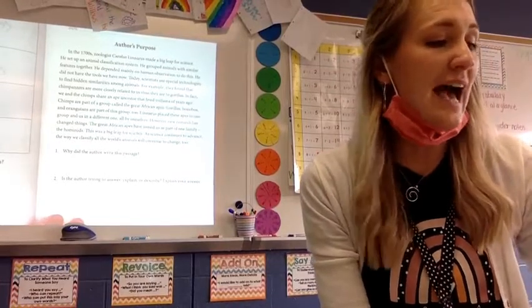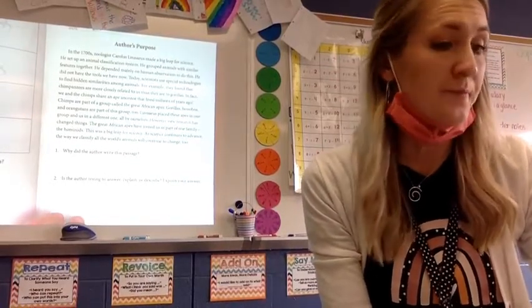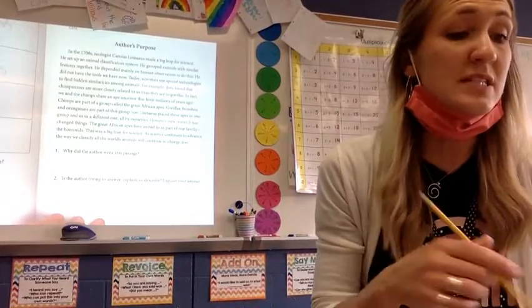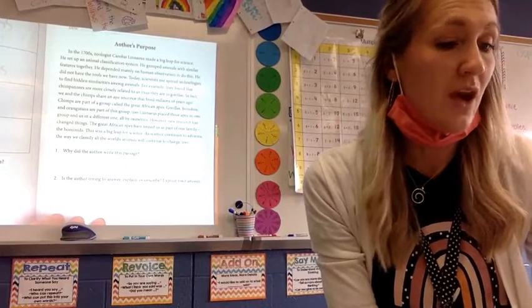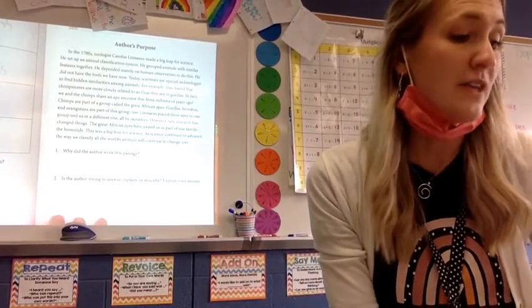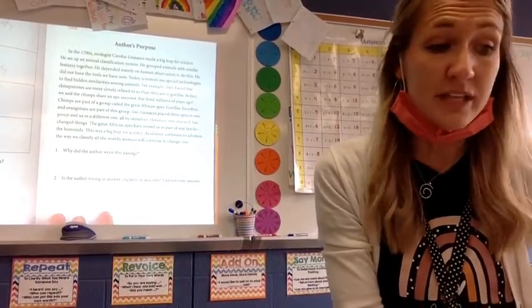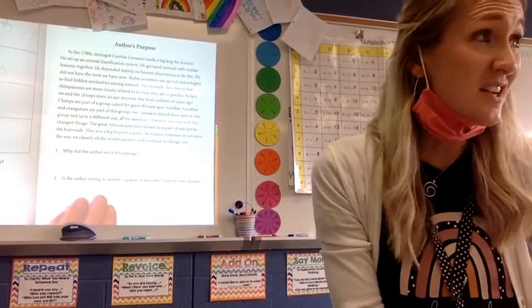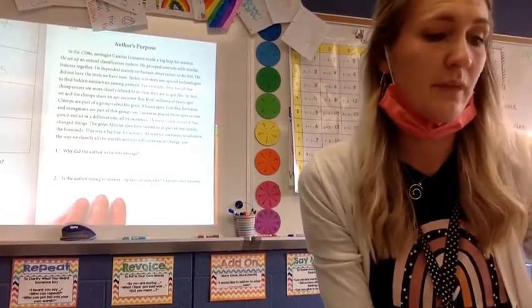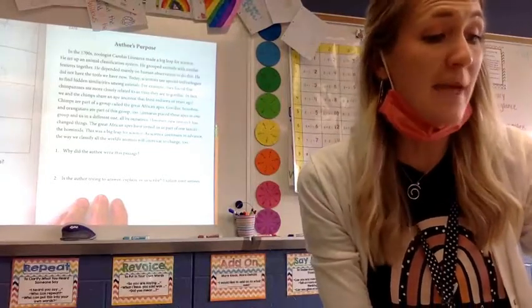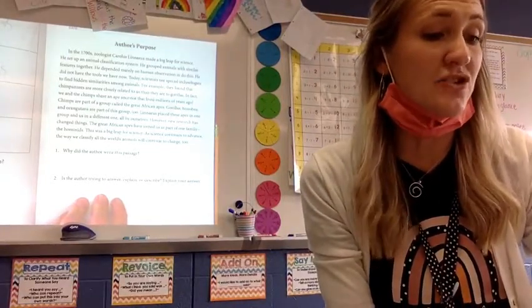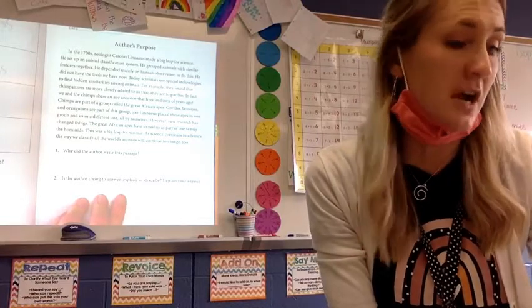He did not have the tools we have now. Today, scientists use special technologies to find hidden similarities among animals. For example, they found that chimpanzees are more closely related to us than they are to gorillas. In fact, we and the chimps share an ape ancestor that lived millions of years ago.